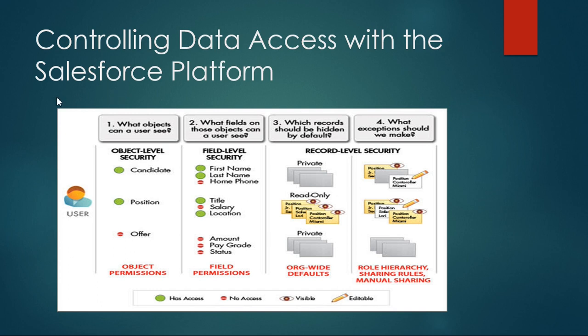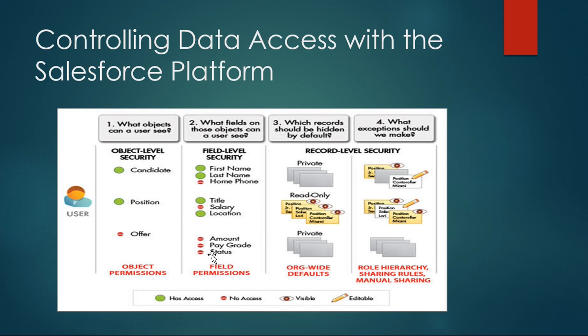Now this is the platform to control data access in Salesforce: what objects a user can see, what fields on those objects a user can see, which records should be hidden by default, and what exceptions should be made. For object level security we use permissions given through profiles, permission sets, and permission set groups.